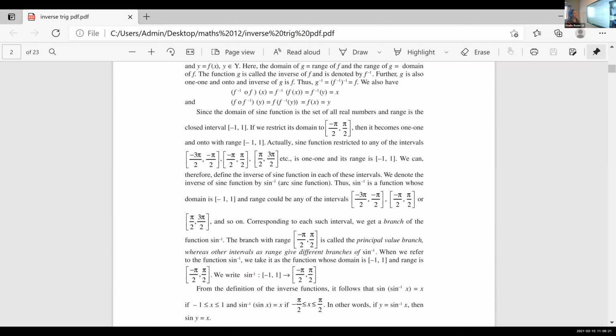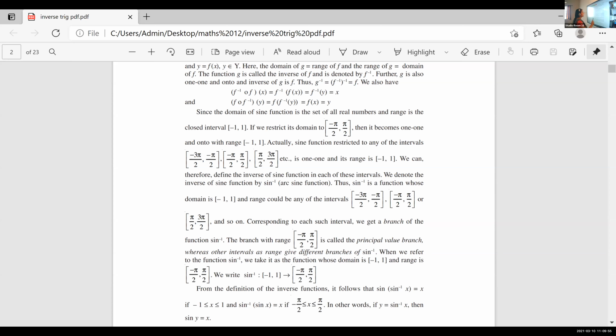When we take the domain to be -π/2 to +π/2, it becomes one-one and onto with range the closed interval -1 to 1. Instead of taking the whole real numbers, we consider only the interval -π/2 to +π/2 as domain, and the range is -1 to 1.